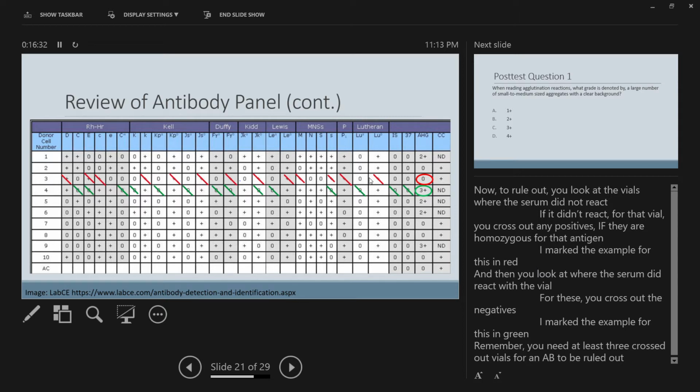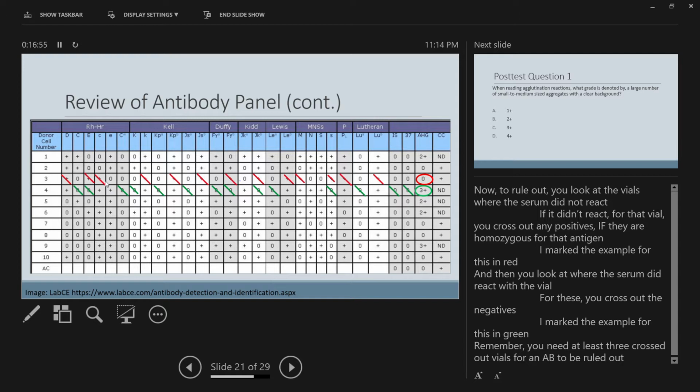So that's in the red. If you look at these, you cross out where there's positives in the cell antigens.